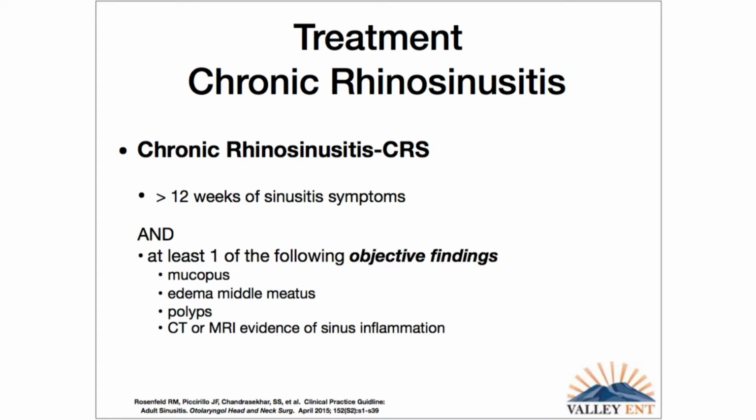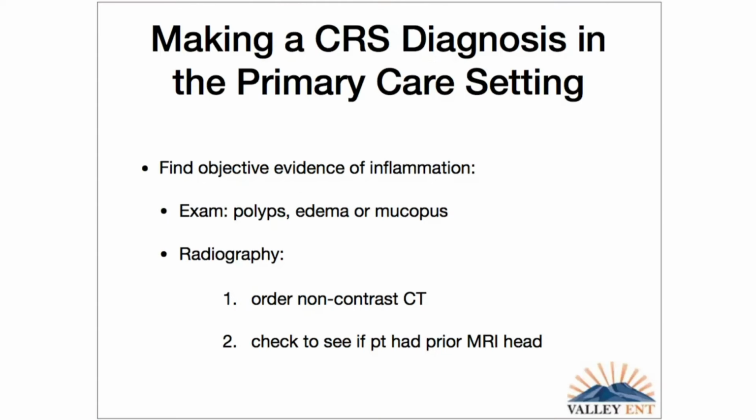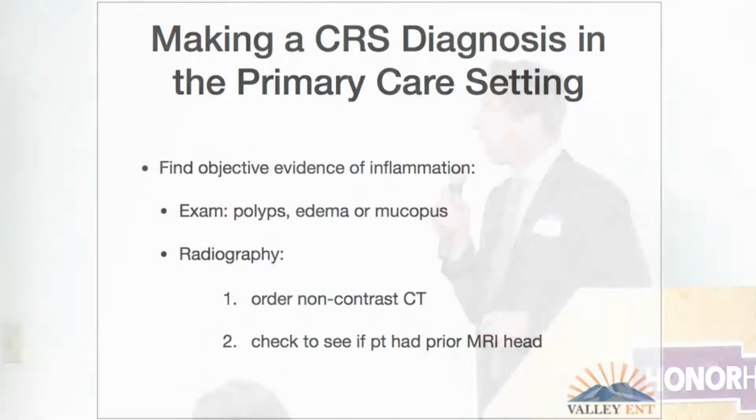Now, how are we going to find that one piece of objective inflammation? So on exam, we're looking for polyps in the nose, edema, or mucopus. And on radiography, if you're seeing the patient in your clinic who you think has chronic rhinosinusitis based on their symptoms and you want to prove it with an imaging study, you're going to order a non-contrast CT, okay?